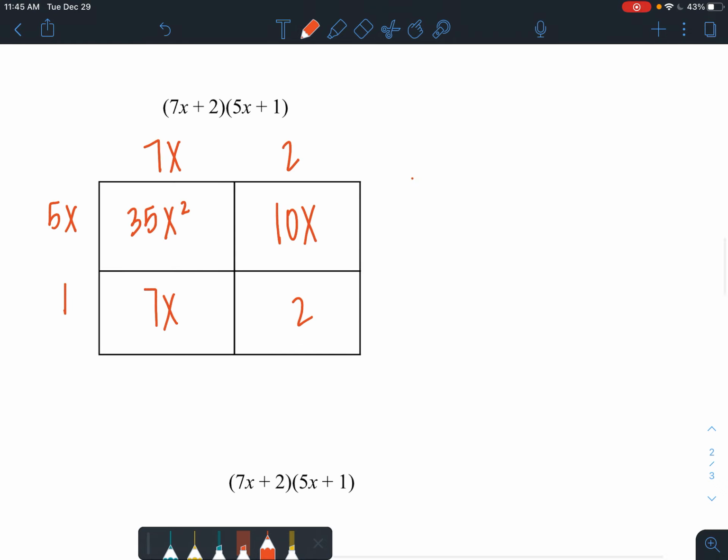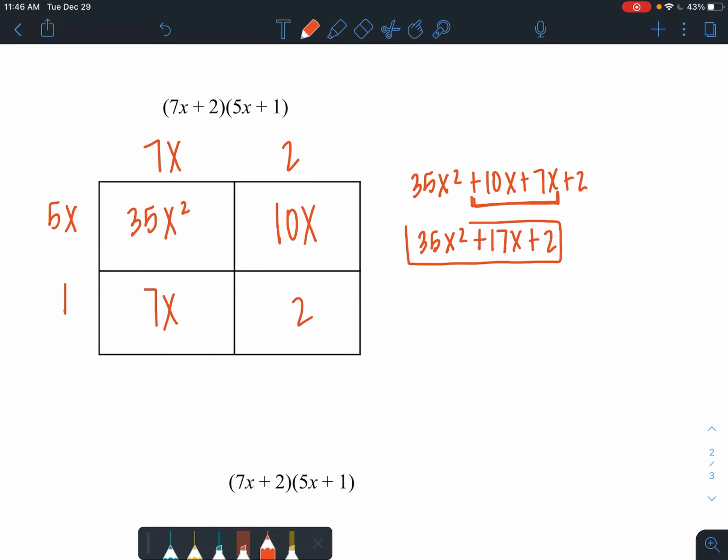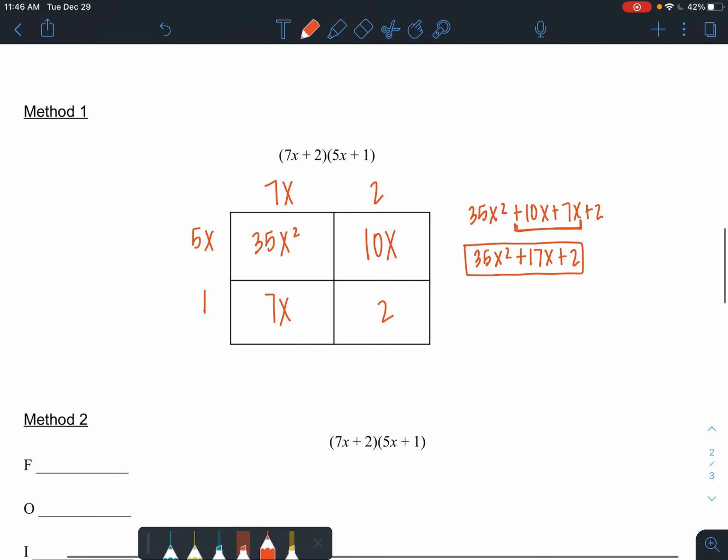So I have 35x squared plus 10x plus 7x plus 2. But I need to combine these like terms. So I get 35x squared plus 17x plus 2. Go ahead and take a second to get that written down. So that was the chart method.